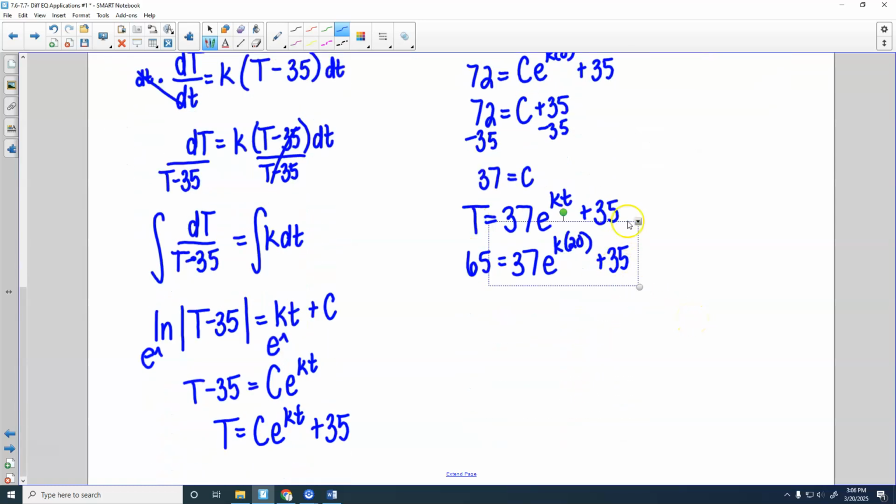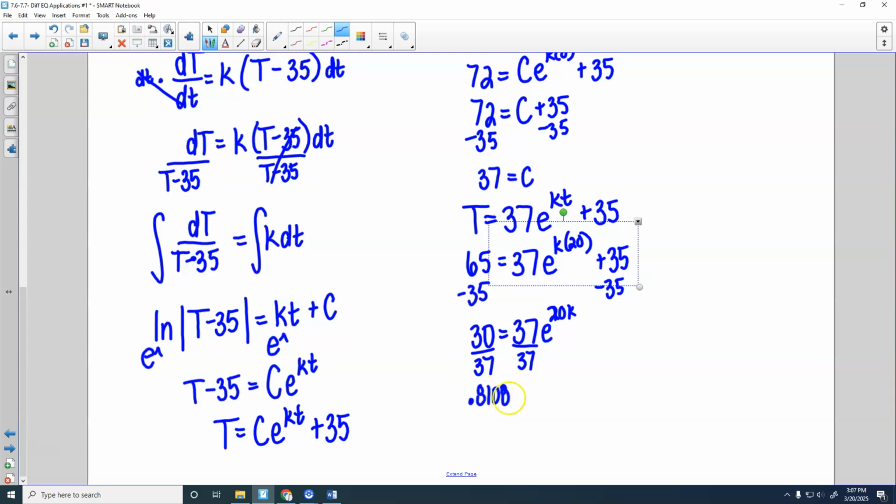I'm solving that for my k, and I'm going to do it quickly because we're running out of time. Divide by that 37. 30 divided by 37 is 0.8108.